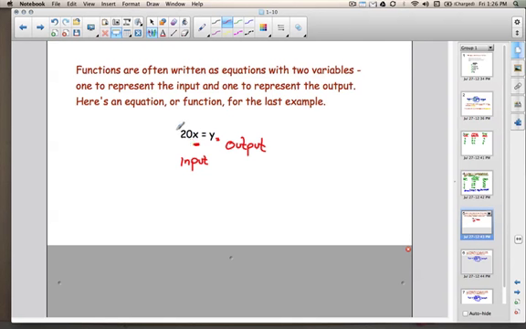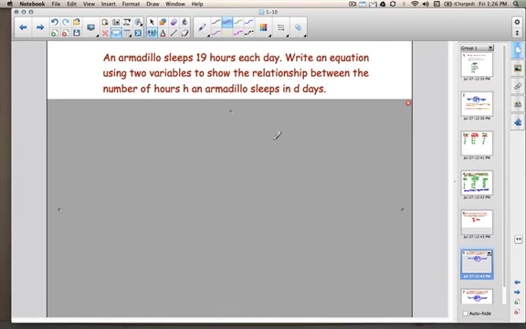So here's the function rule right here, the multiply by 20. So if you take 20 and you multiply it by any one of our inputs, you're going to get the output Y. And this is known as the function itself. So here's another example for us to take a look at. It says an armadillo sleeps 19 hours each day.